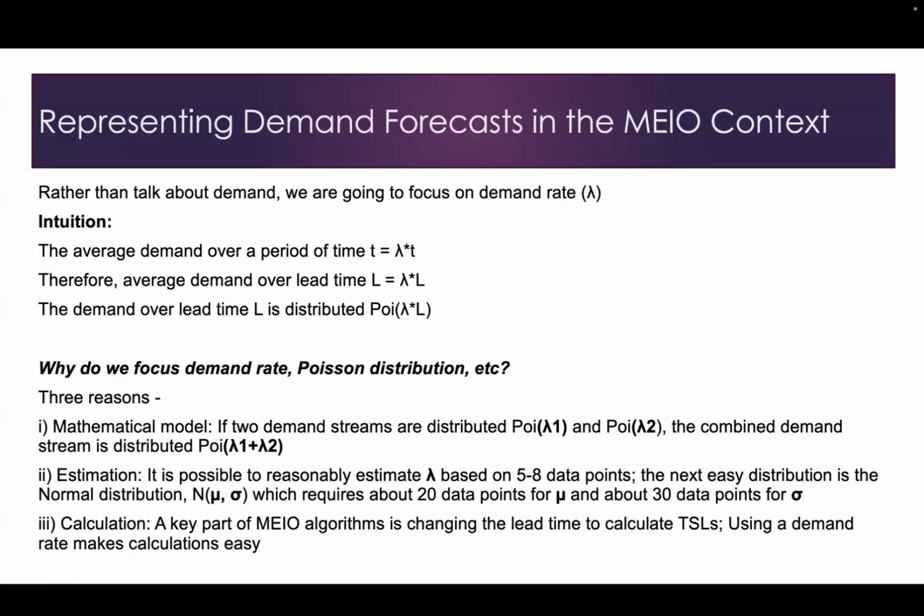In supply chain, things tend to be a little bit variable, a little bit hard to get data. With this approach, you can get a good and very usable estimate. From a calculation perspective, MEIO algorithms, which we'll see, change the lead time to calculate the TSLs. And you'll see that in a minute. Using a demand rate makes the calculations easy.